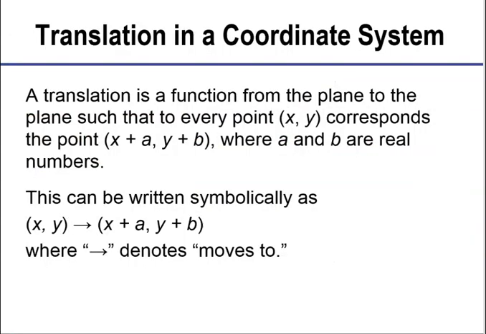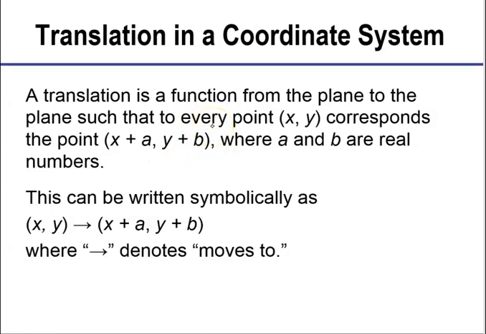So if you use coordinate systems to represent a translation, notice that translation is a function from the plane to the plane such that every point x, y corresponds to the point x plus a, y plus b. Now keep in mind, a doesn't have to be a positive number, like we had some negatives a minute ago. When we did our problem, we had x plus 5, y minus 2, so b was actually negative.